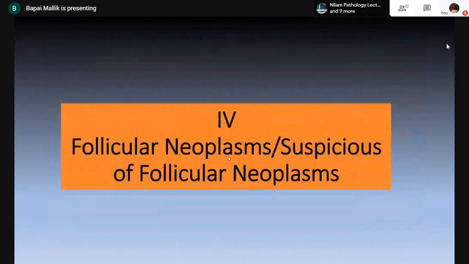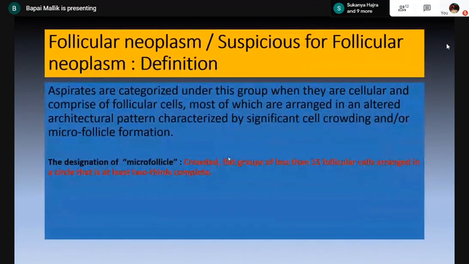The last one is follicular neoplasm and suspicious for follicular neoplasm. The most important things about follicular neoplasm are two. One is what exactly are the structures called follicles, and the second one is the usual absence of colloid, but not very strict. You can still see a little bit of colloid even in follicular neoplasms.